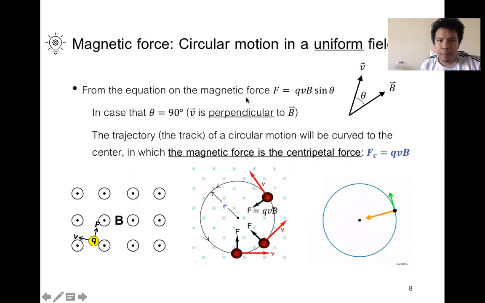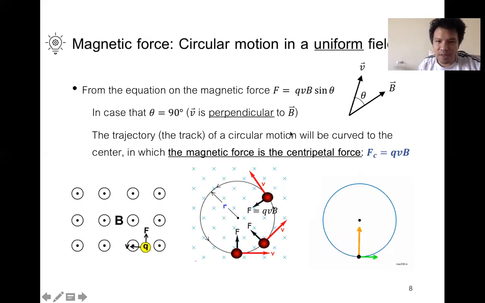Magnetic force, circular motion in a uniform field. From the equation of the magnetic force, in the case that theta is 90 degrees, if the field is uniform and the angle is 90 degrees, what we will observe is circular motion.